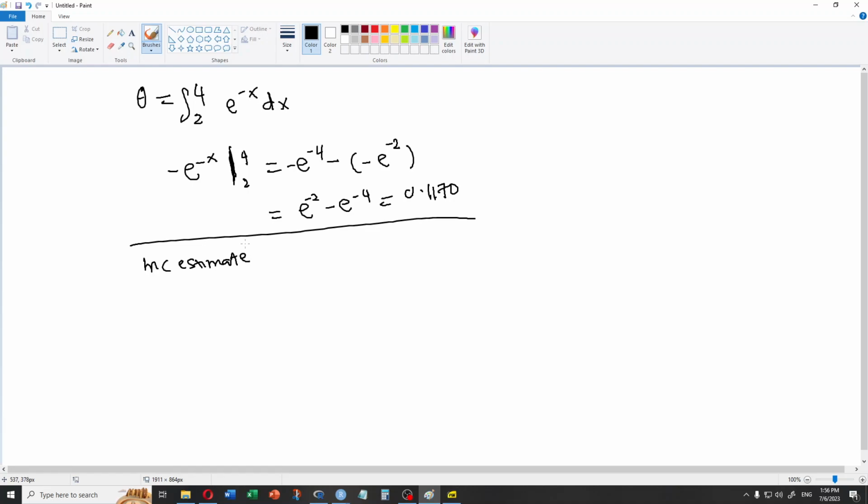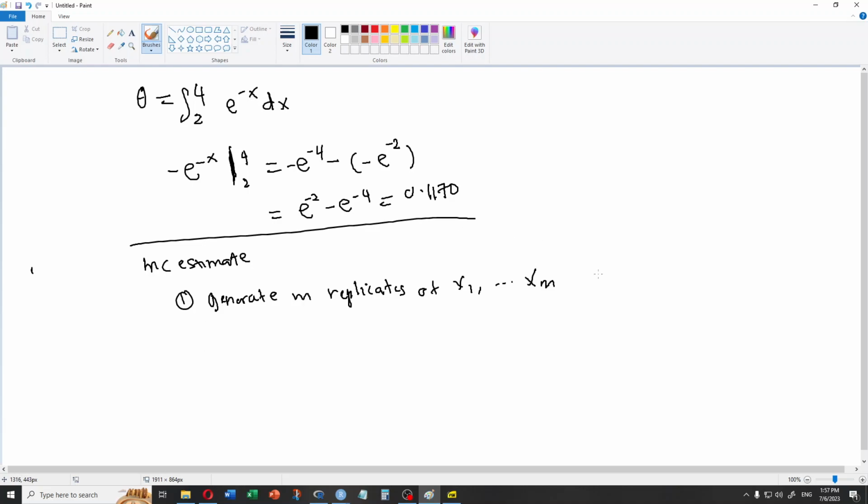Okay, Monte Carlo estimates for this, just give me 1 minute. So first, again, we want to generate m replicates of x, so we have x1 until xm.